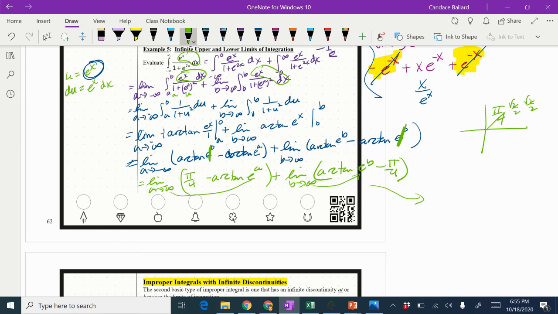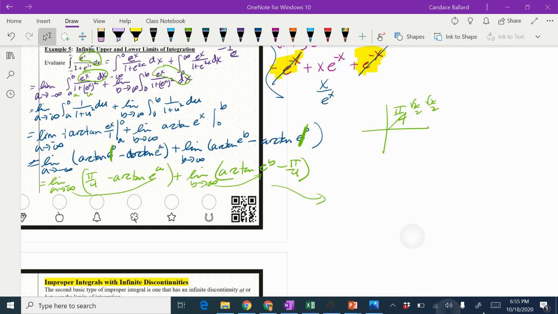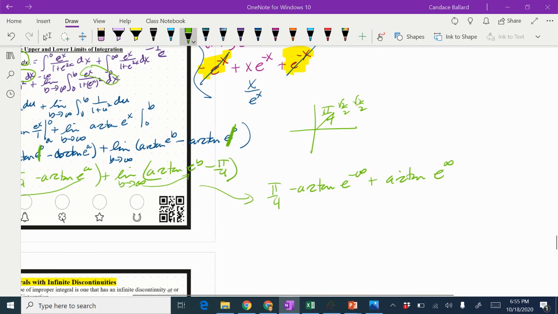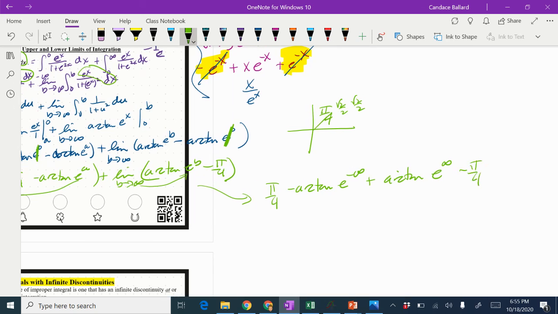So I'm going to move my work over here. So we've got pi over 4 minus arctangent of e to the negative infinity, plus, we're getting rid of the limits, plus the arctangent of e to the infinity minus pi over 4. And the pi over 4's cancel. They're basically insignificant.